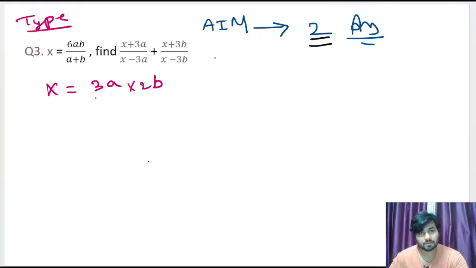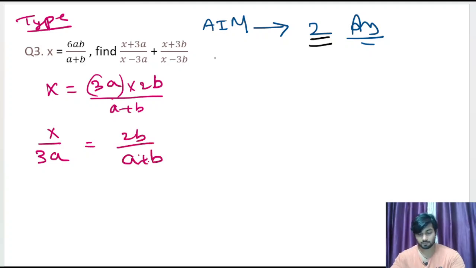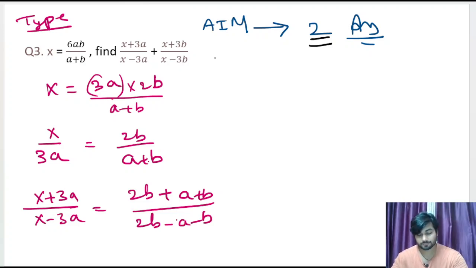So what I have here is a plus b. Let me take this 3a to the left hand side. So it will be x upon 3a is equal to 2b upon a plus b, right? Now let me apply componendo and dividendo here. So what will happen? x plus 3a upon x minus 3a is equal to 2b plus a plus b upon 2b minus a minus b, right?